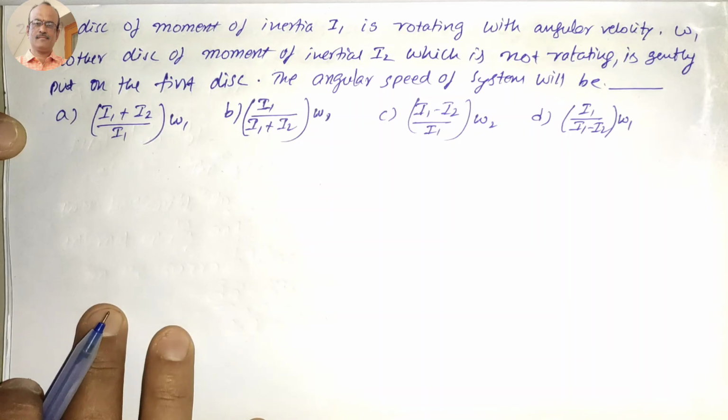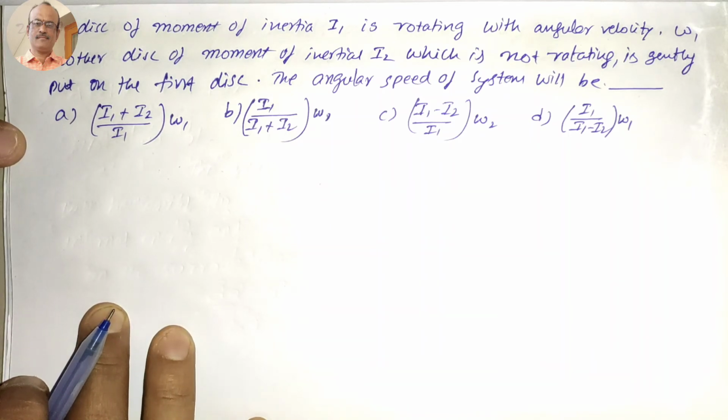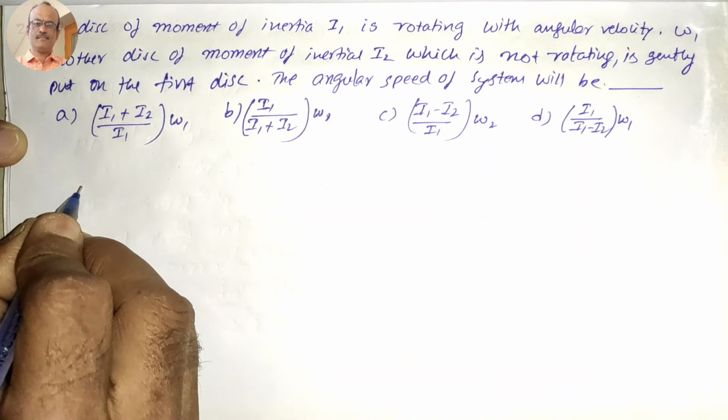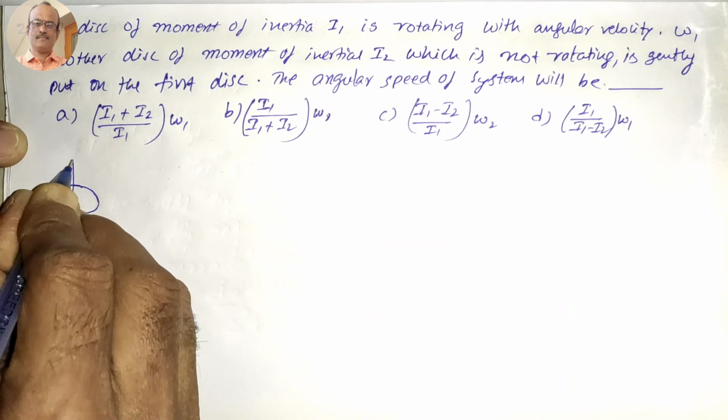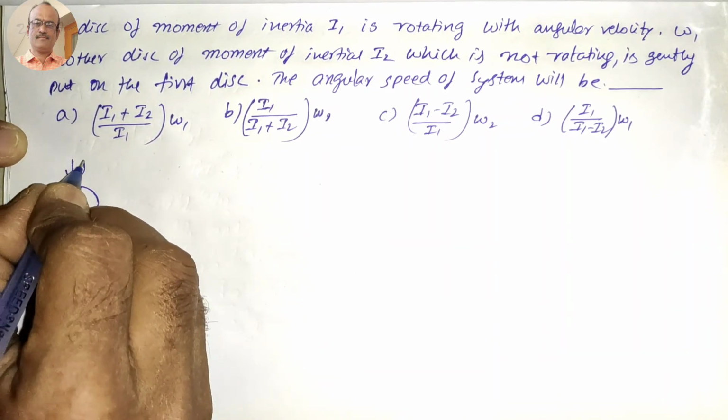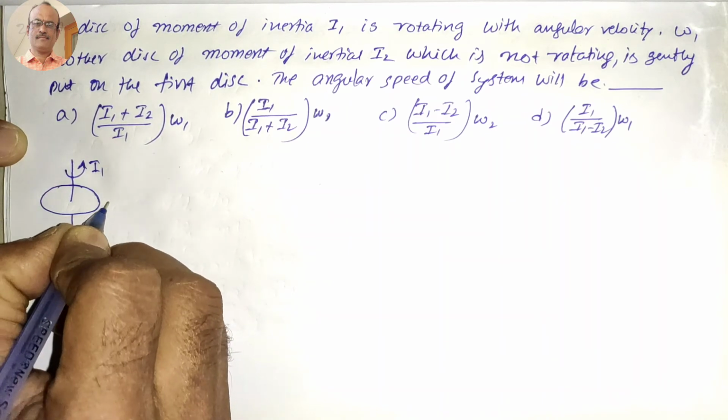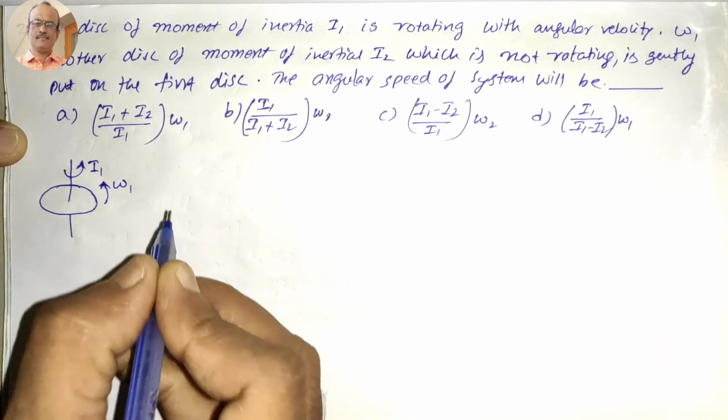Now question number 29. A disk of moment of inertia I1 is rotating with angular velocity omega 1. Another disk of moment of inertia I2, which is not rotating, is gently put on the first disk. What will the angular speed of the system be? So first of all, this is the disk which is rotating with moment of inertia I1 and angular velocity omega 1.